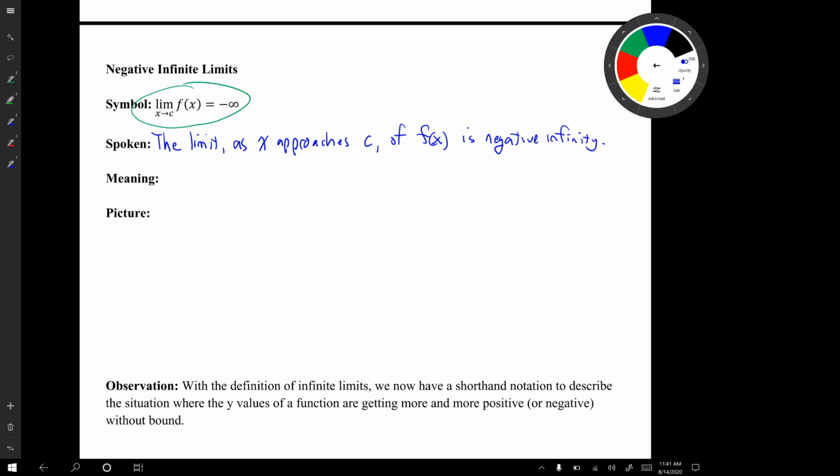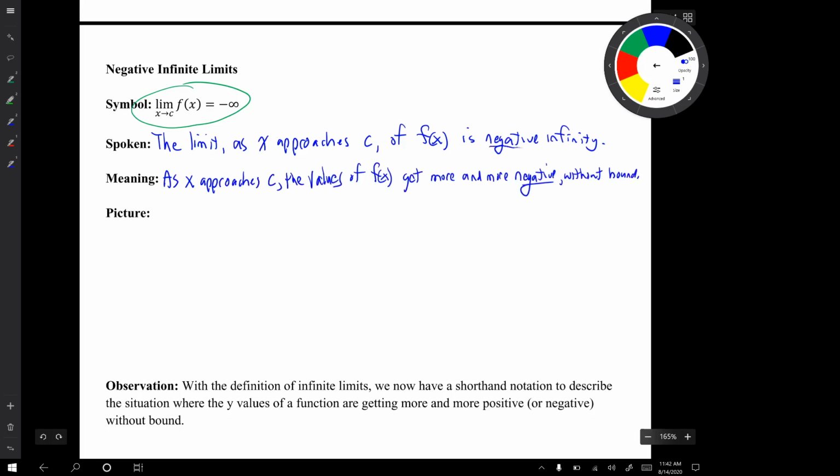And its meaning is obvious. As x approaches c, the values of f of x get more and more negative without bound. So a picture of this would be a vertical asymptote with the equation x equals c, and the graph of f of x going down along both sides of that asymptote.